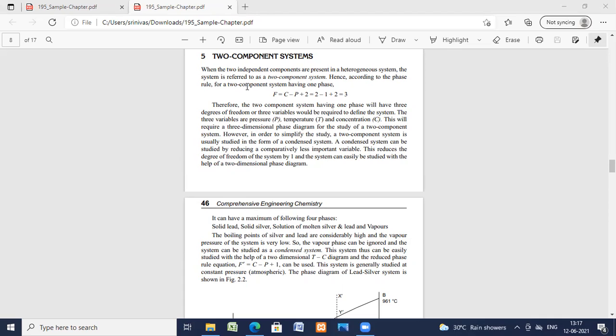Before starting components, I'm giving you examples of what a phase is. Take water plus petrol, water plus benzene, CCl4 plus water. The phases are two.